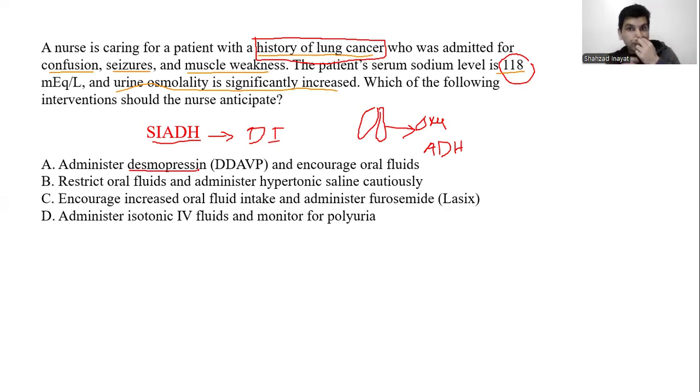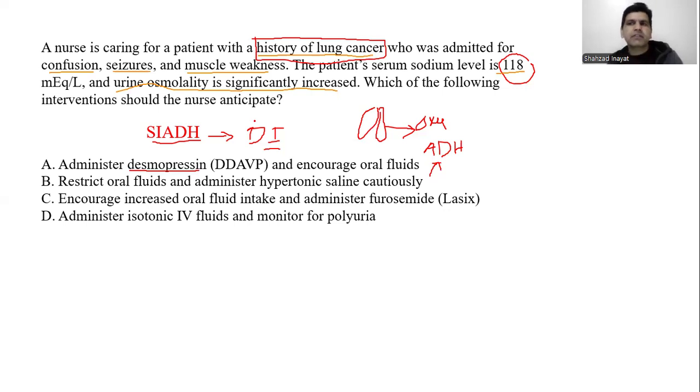Desmopressin is synthetically prepared ADH, right? So we use desmopressin in patients with DI, not SIADH. Why? Because in DI there will be minimal antidiuretic hormone, so we need to give antidiuretic hormone exogenously.